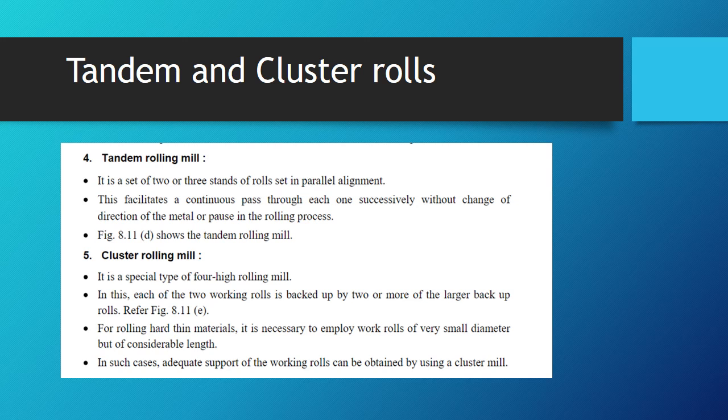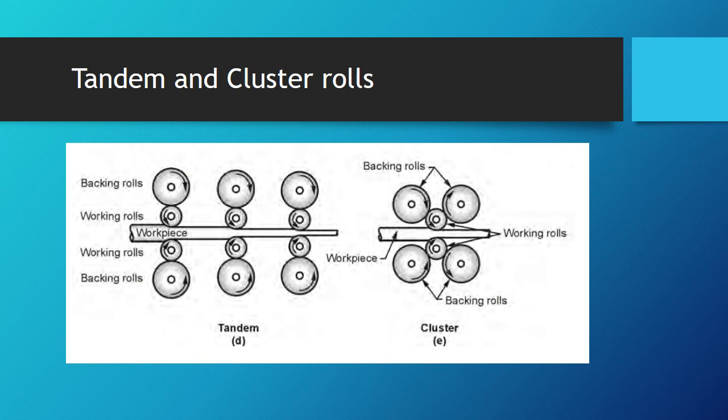Now coming to tandem and cluster rolls, and what they are. Tandem and cluster rolls are similar to the previous ones which you studied. Firstly we'll see the diagram, then the theory. The first one is a tandem kind of roll, the second one is a cluster kind of roll. The tandem roll is a combination of different four high rolling mills.